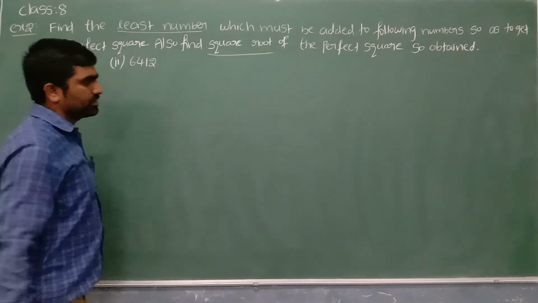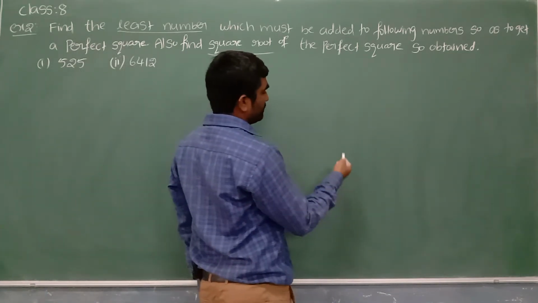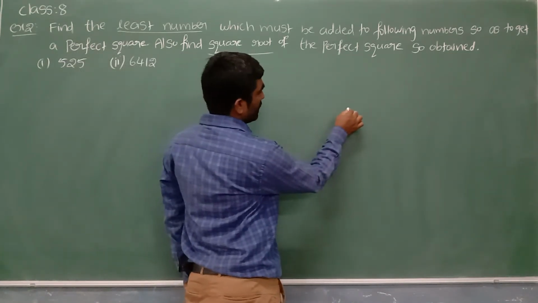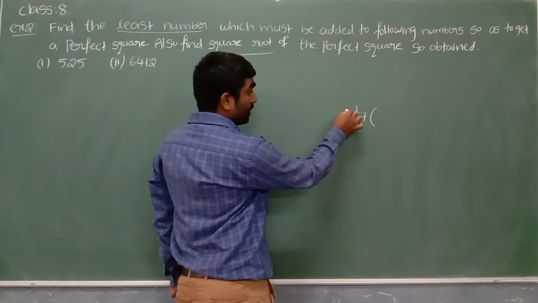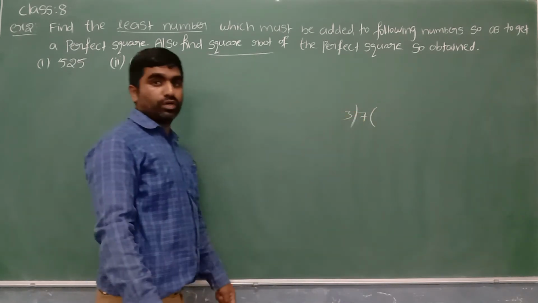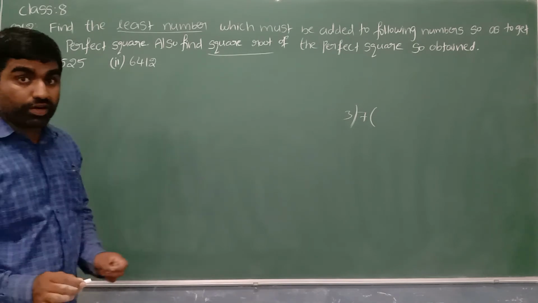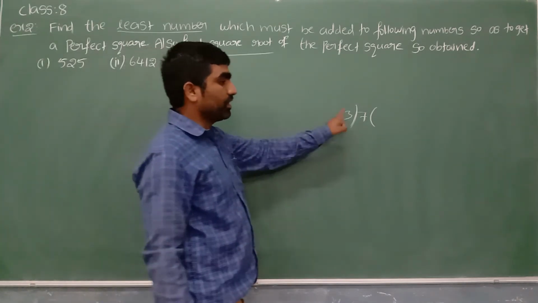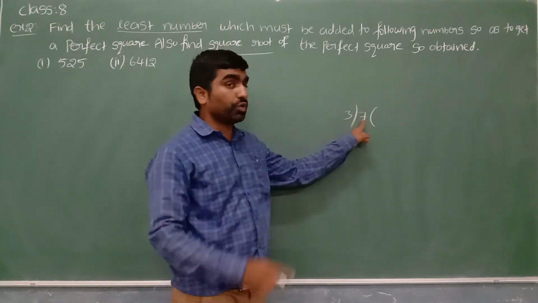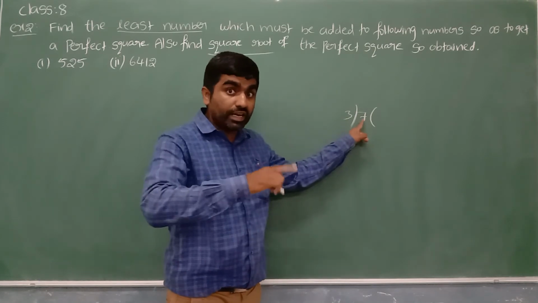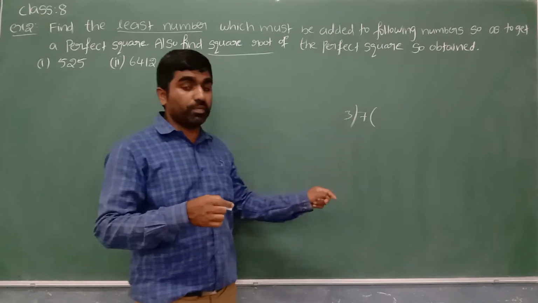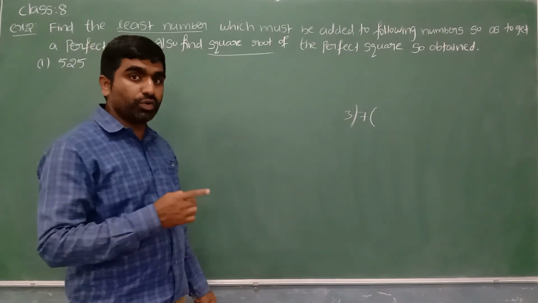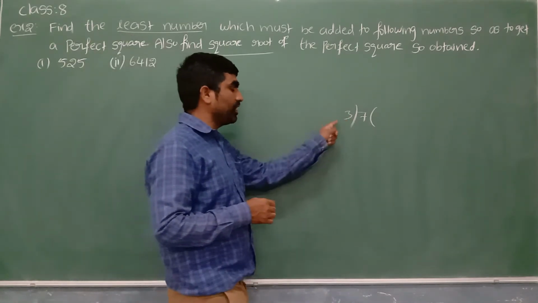Before going to this, let me see a small example. Suppose I take 7. If I want to divide 7 by 3, is it possible? No, not possible. 7 is not exactly divisible by 3. For 7 to be divisible by 3, what is the least number we can add? 7 plus 1 is 8, which does not go in the 3 table. 7 plus 2 is 9, which goes in the 3 table.